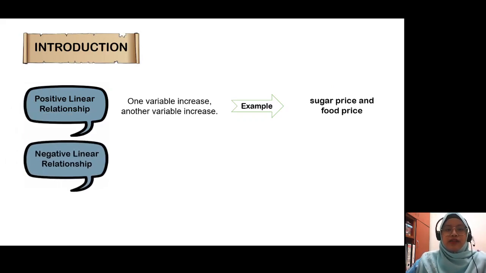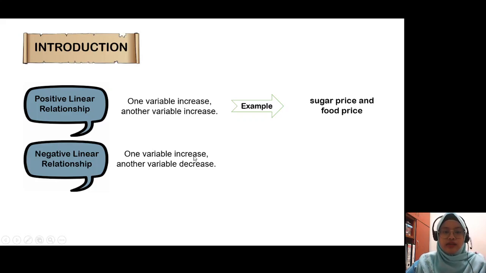What about negative linear relationship? For example, in a negative linear relationship, if one variable increases, meaning x increases, the other variable decreases. So if x increases but y decreases, it will give you a graph like this, okay? That will be decreasing.